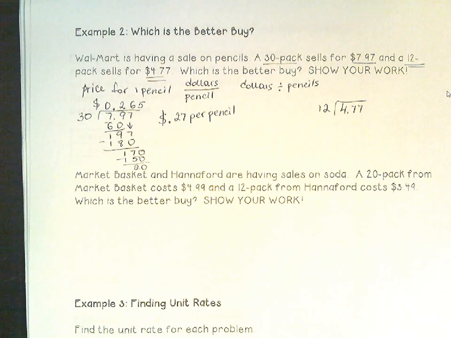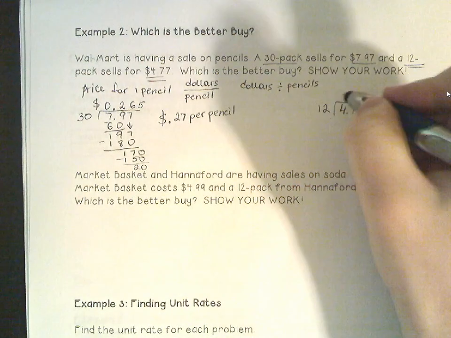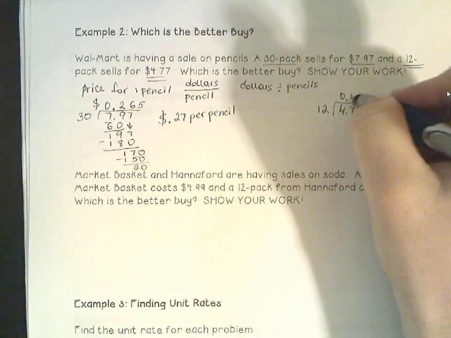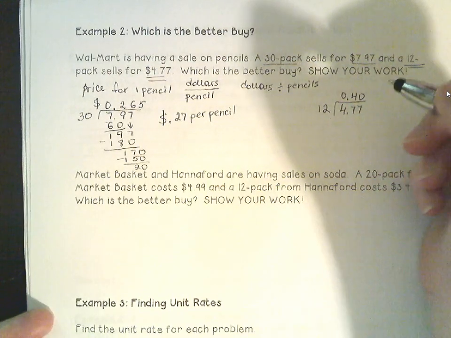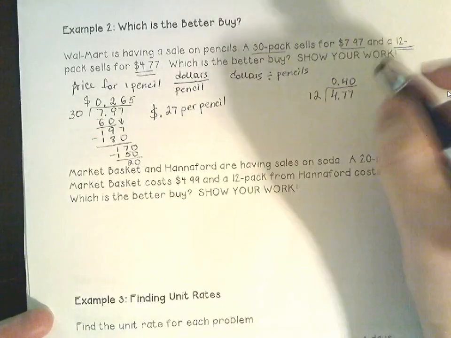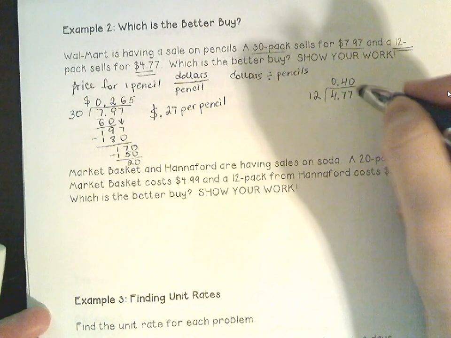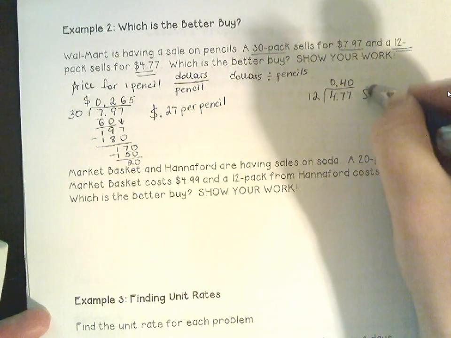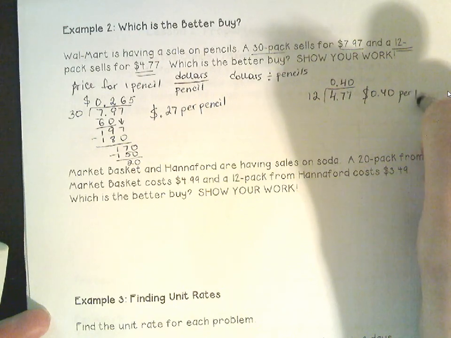If you need some refresher on how to divide decimals, I can help you with that at a different time. So I'm taking 4 and 77 and dividing it by 12, and I get $0.40. Okay, approximately. There will be a decimal number, but approximately it'll be 40 cents per pencil.